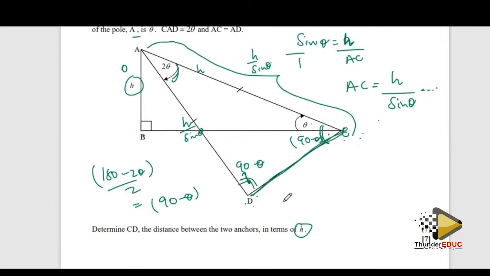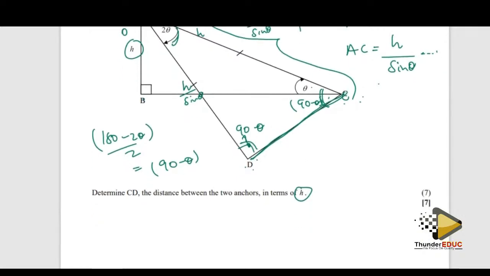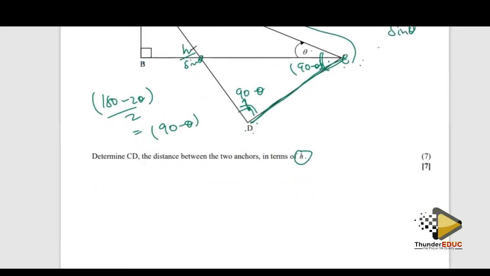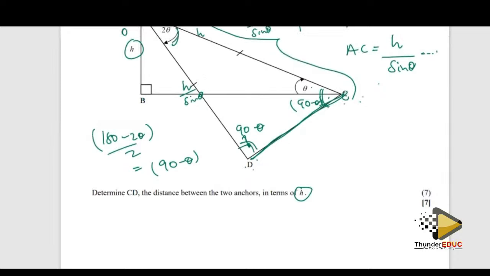And then we use the sine rule. I think that's quicker than using the cosine rule, because squaring those things would be something else. Yeah, I think that's better.